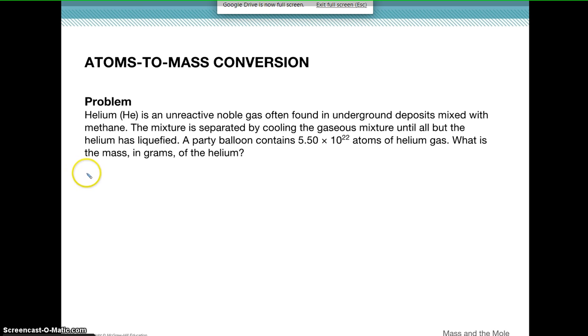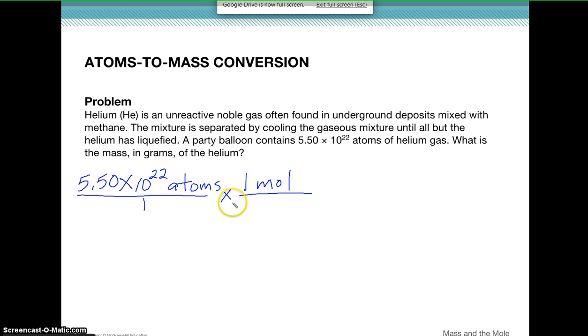This time we're starting with how many helium atoms we have, which is 5.50 times 10 to the 22nd helium atoms over 1. We have to go from particles to moles to grams. From atoms to moles, we use Avogadro's number, and this time it goes on the bottom so that our atoms cancel.